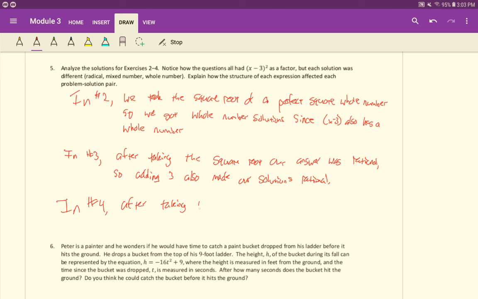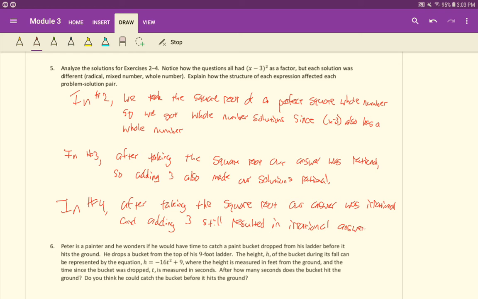So number 6, after taking the square root, our answer was irrational, and adding 3 still resulted in irrational answers. Okay?